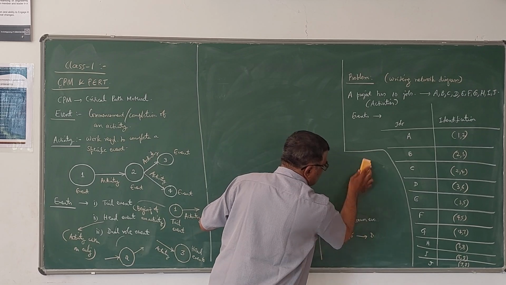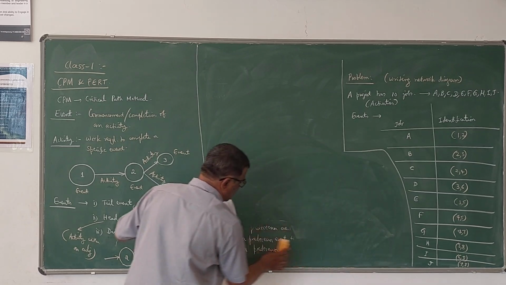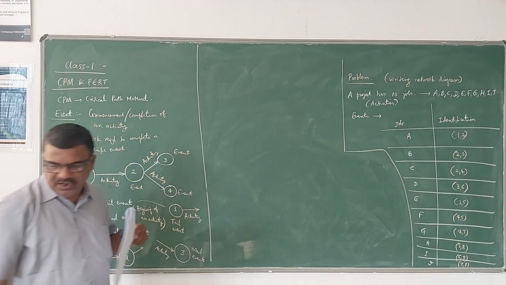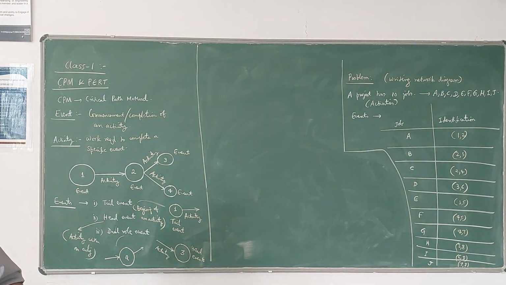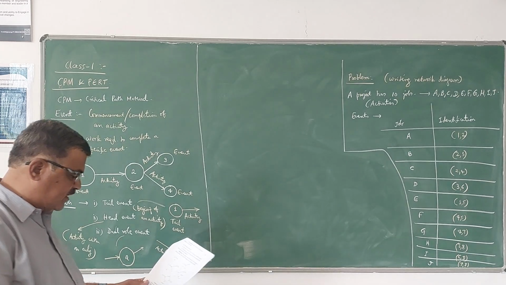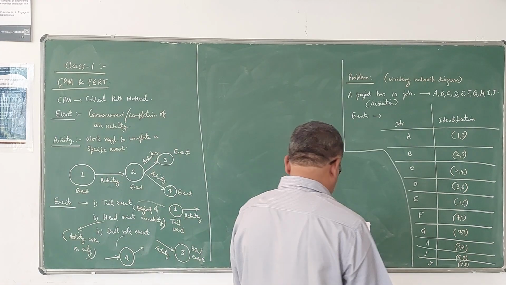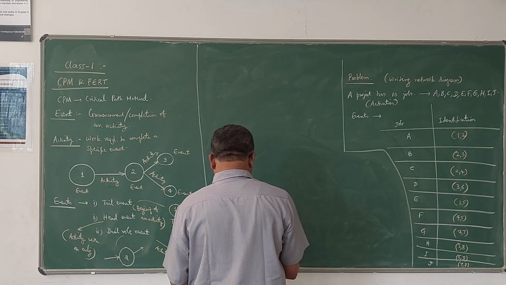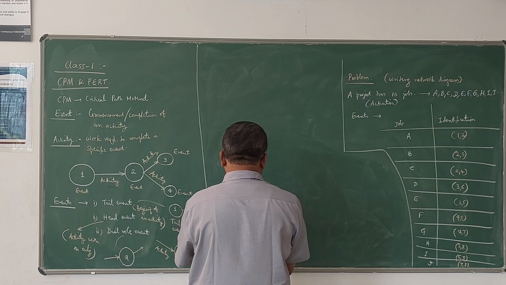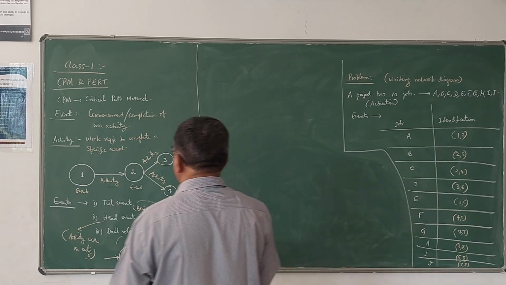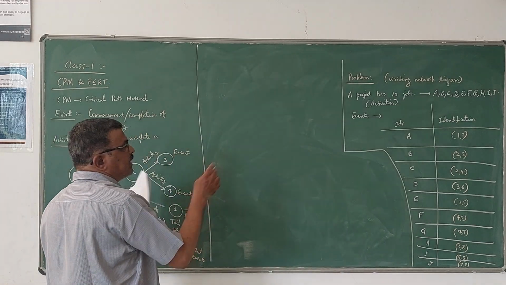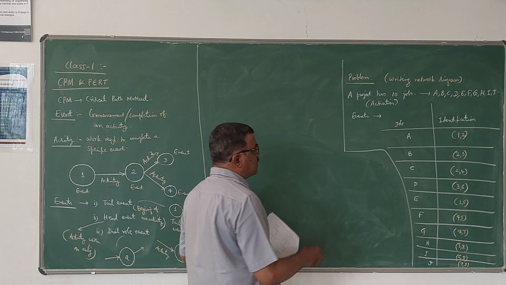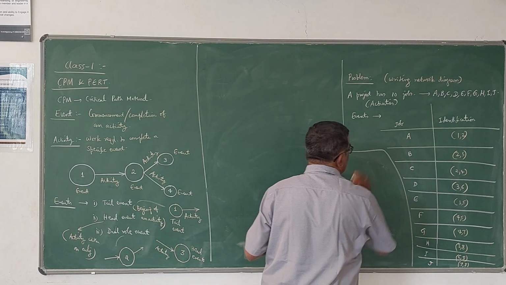The first column, the jobs column, represents the activities, and the second column, the identification column, represents which events are joined. Now once this is given, we can adopt a step-by-step procedure for writing the network diagram. The first job is A.